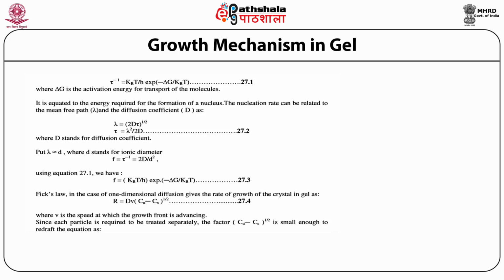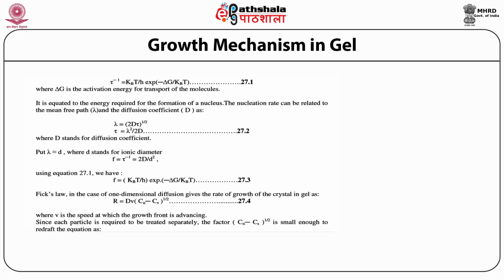Let us put λ approximately equal to d, where d stands for ionic diameter. f will be equal to τ^-1, which will be equal to 2D upon d². Using equation 27.1, we have f equal to kBT upon h exponential of minus ΔG over kBT, which is given as equation 27.3.